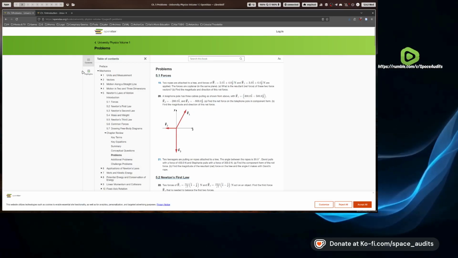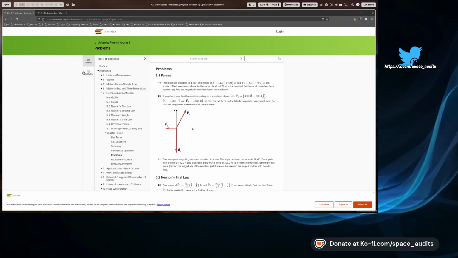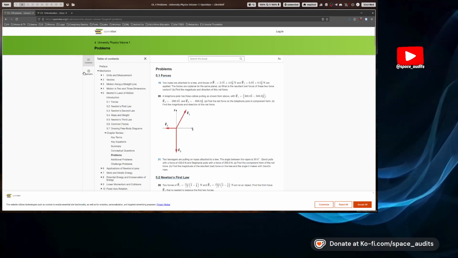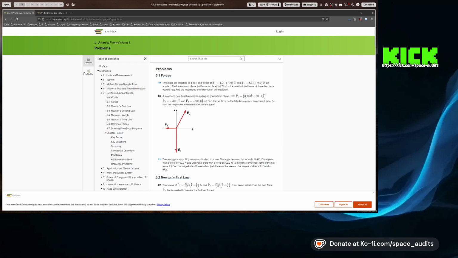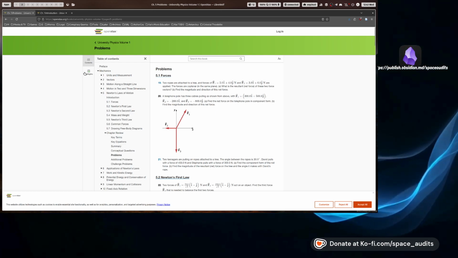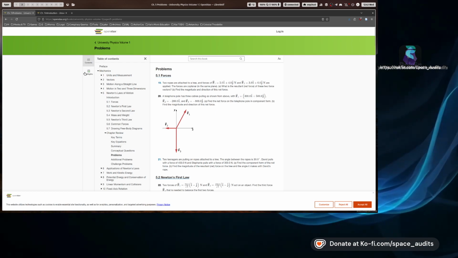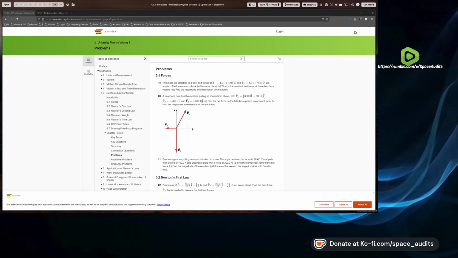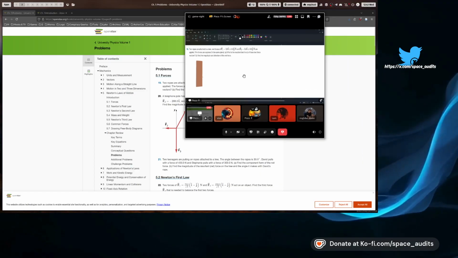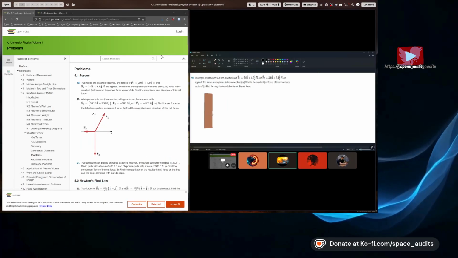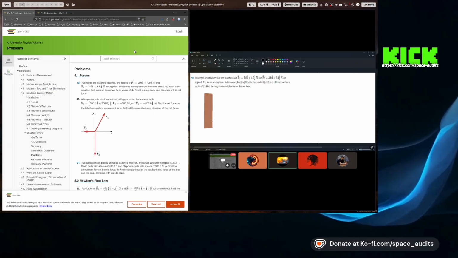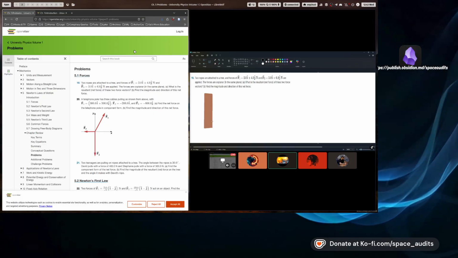So, here's the tree. Got my tree. Now, I've got two ropes, and these ropes are applying forces in two directions.